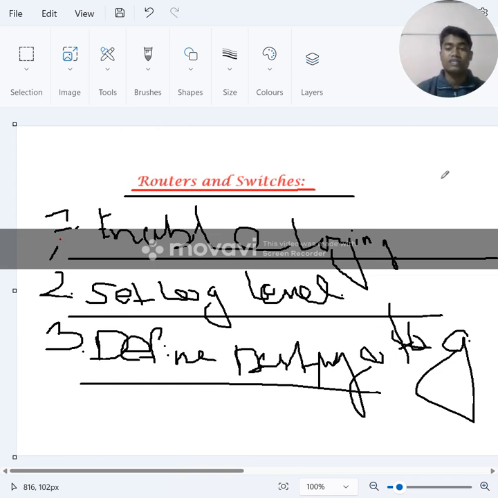Sending logs to a centralized location allows the SOC to access and analyze data from multiple devices in one place. You decide where the logs will be sent. You can send the logs to centralized syslog servers or SIEM systems, which were covered in previous sections. What is SIEM? So that's all.